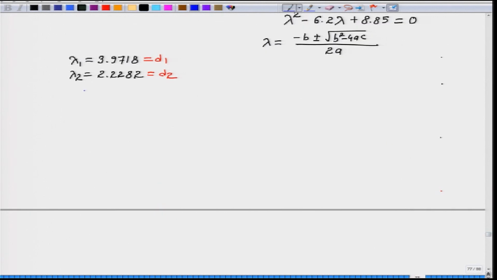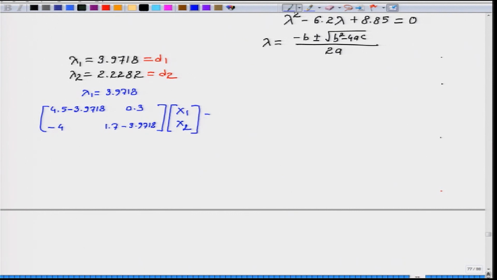So, first for lambda 1 equal to 3.9718, we substitute, and we get the matrix with entries 4.5 minus 3.9718, 0.3, minus 4, and 1.7 minus 3.9718, times x, where we write its elements as x1 and x2, equal to 0, 0.